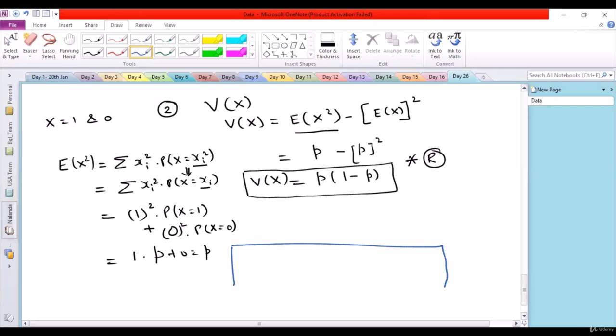I say x follows, this symbol stands for follows, Bernoulli. Then there are certain parameters. This area represents your parameters.